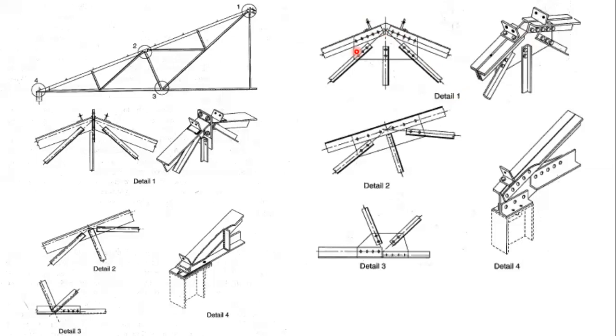There is no hard and fast rule for the shape of the gusset plate. It all depends on the convenience of fabrication. We need to make sure we are able to place the members properly over that gusset plate, and the required orientation of the member can be maintained. The angle at which it has to be positioned should be maintained over there.